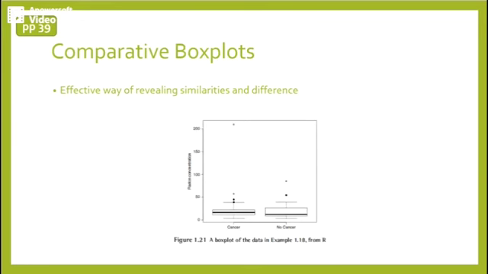It's easier to see the difference in the spread of the data if you have the two box plots directly next to each other. You should be able to go from a side-by-side stem and leaf display to a comparative box plot. There's an example of that on page 40, which you can go over in your own time.